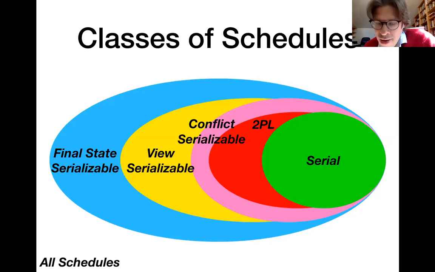And now we know that the schedules that could have been generated using two-phase locking are a subset of the conflict serializable schedules. And a small subset of that again would be the actually serial schedules. So this is basically what we can hope for.